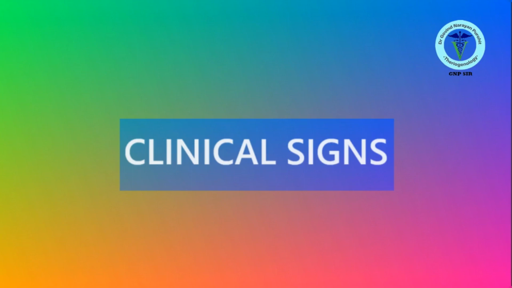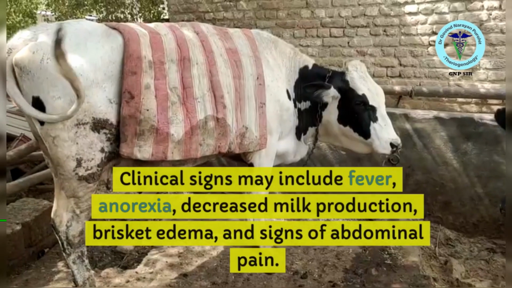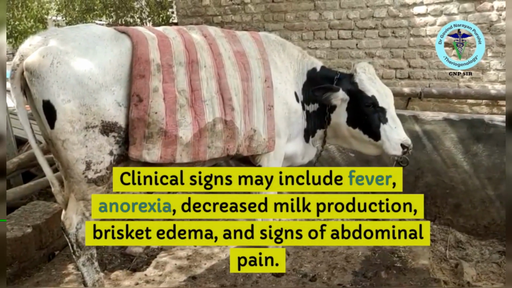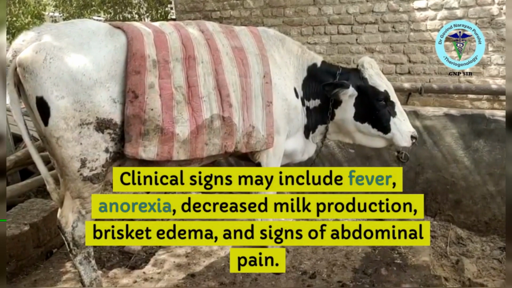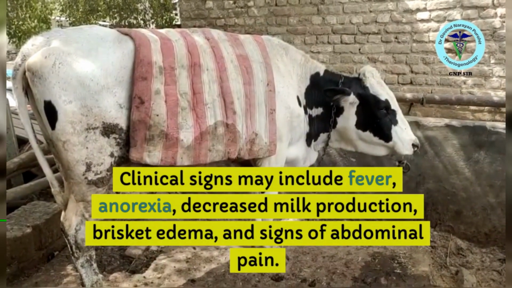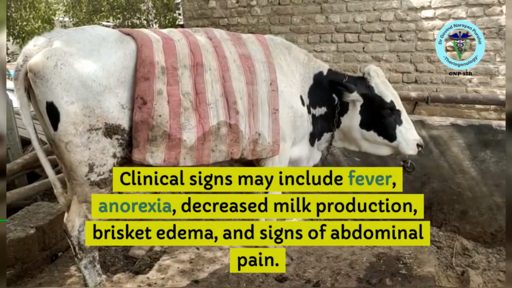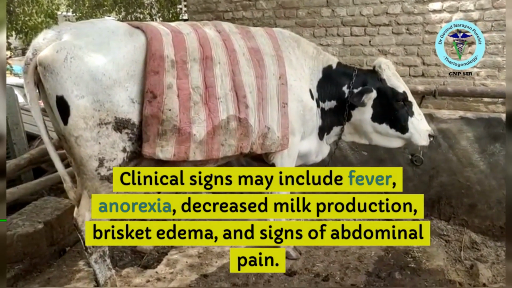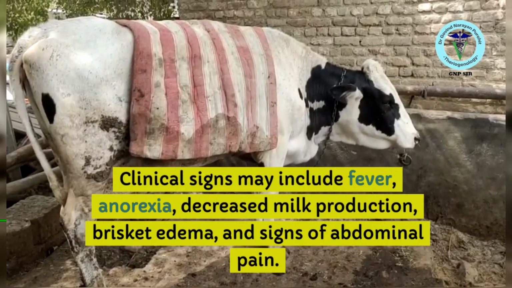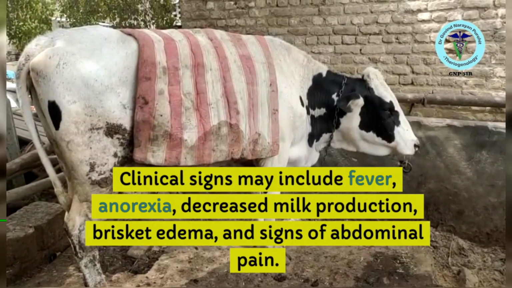And the clinical signs that would appear in the cow would include fever, anorexia, decreased milk production, brisket edema, and signs of abdominal pain, right? And sometimes one can see the jugular pulsation in the animal, and the animal will be off feed.